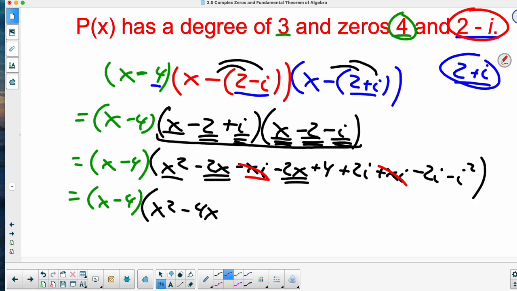Cancel out. If you look even closer over here, I have a positive 2i. You also have a negative 2i. These are going to go away. The only thing that's still standing now that we haven't used yet is we have a plus 4. The other thing that's still over here that's kind of messy is we have negative i squared.